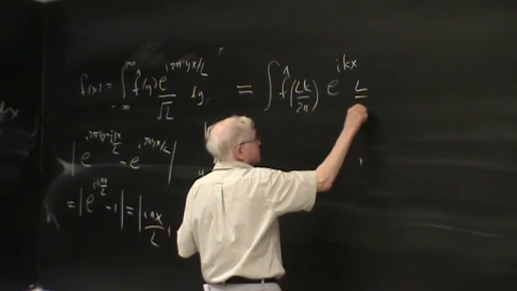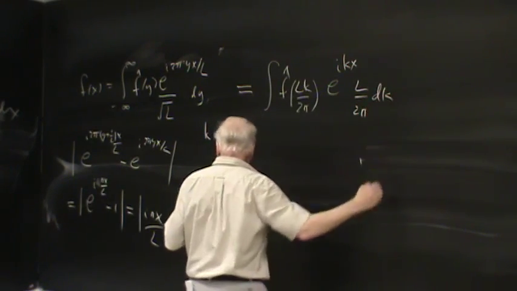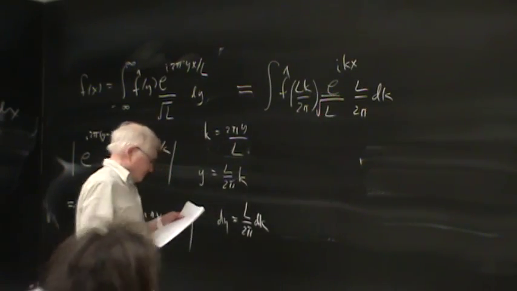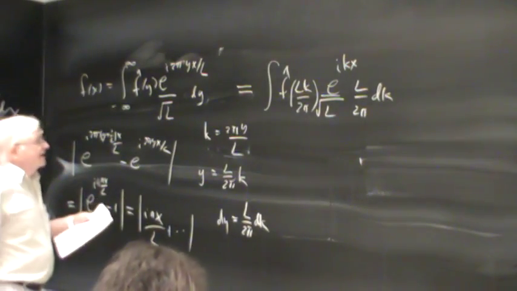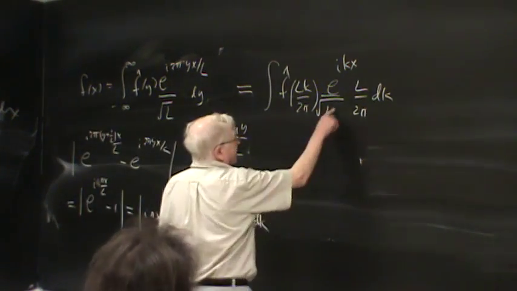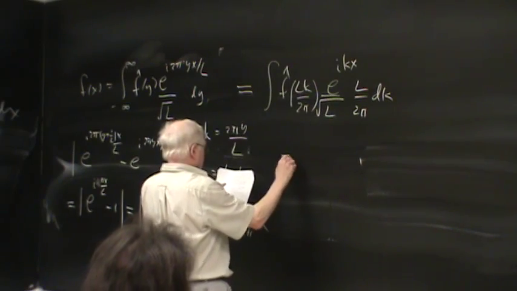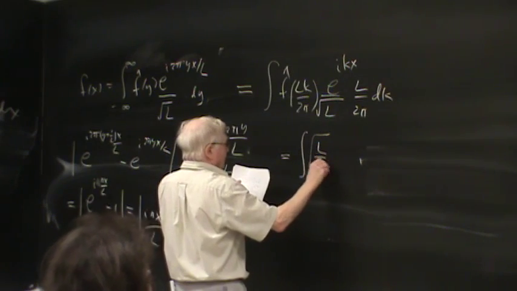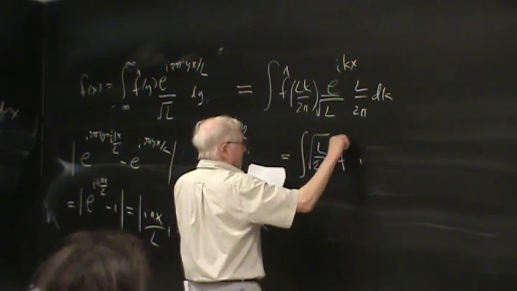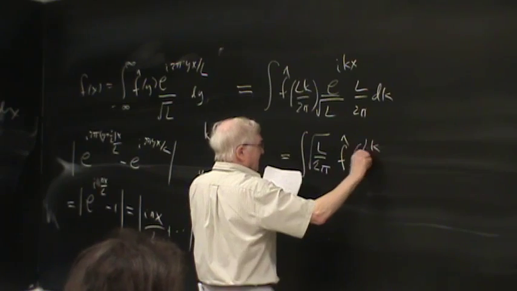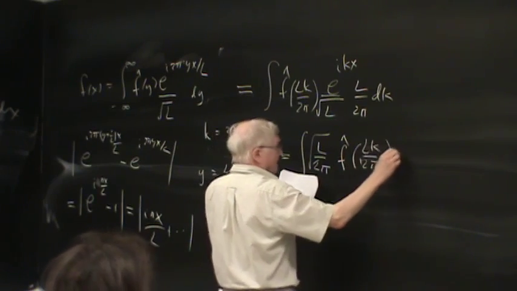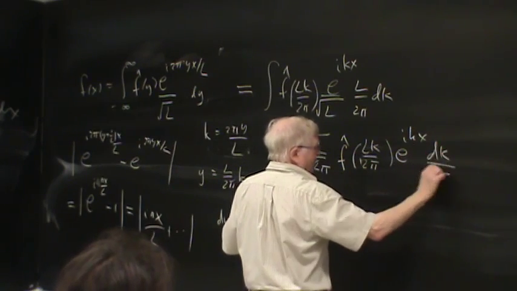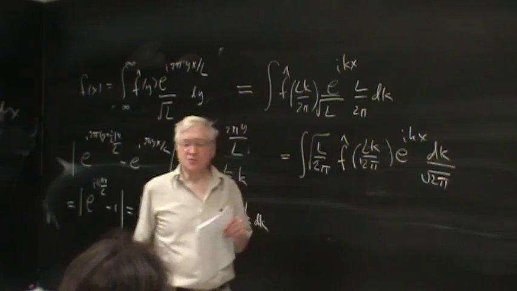Then we have L over 2 pi dk, and then there's the square root of L. If we cancel that a little bit, what we have is an integral of the square root of L over 2 pi, f hat of Lk over 2 pi, e to the i kx dk, and we have this 2 pi fetish, so we have a 2 pi there.